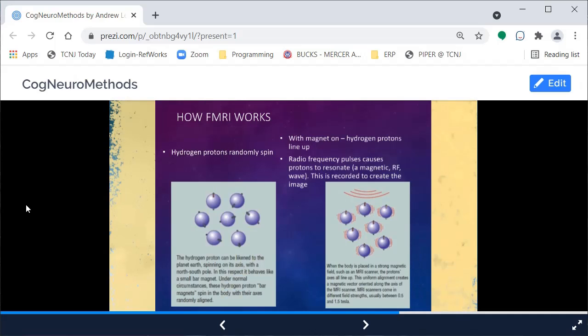Okay, so how this works is you have this magnet on, and ordinarily the hydrogen protons are going to be randomly spinning around. But with the magnet on, the hydrogen protons line up. Imagine them all lined up perpendicular to the magnetic field. But then the scanner itself emits a radio frequency pulse.